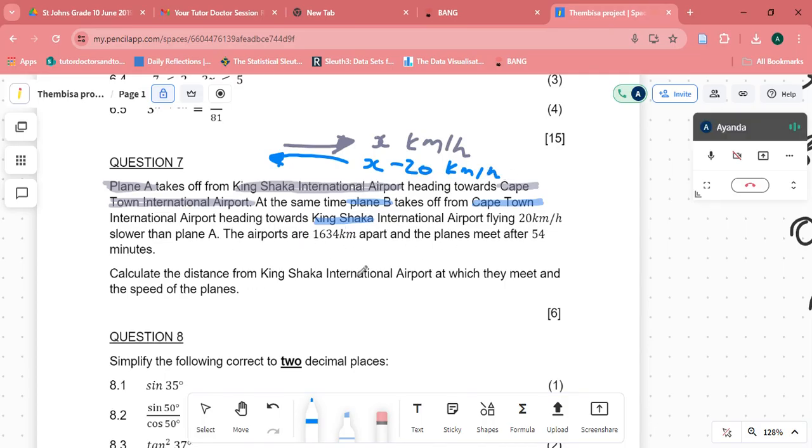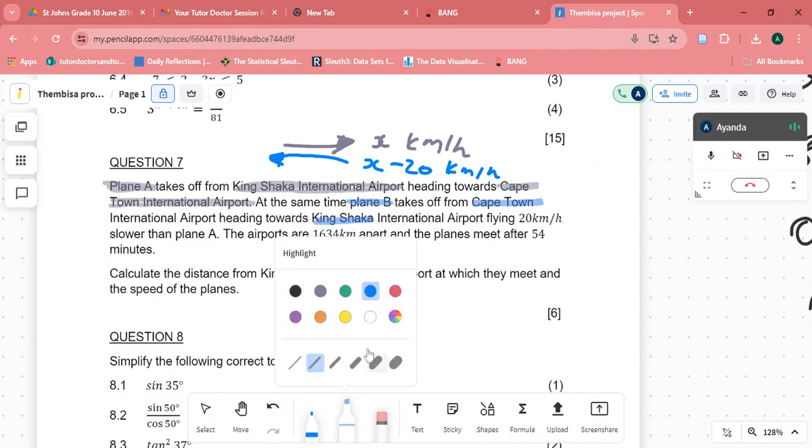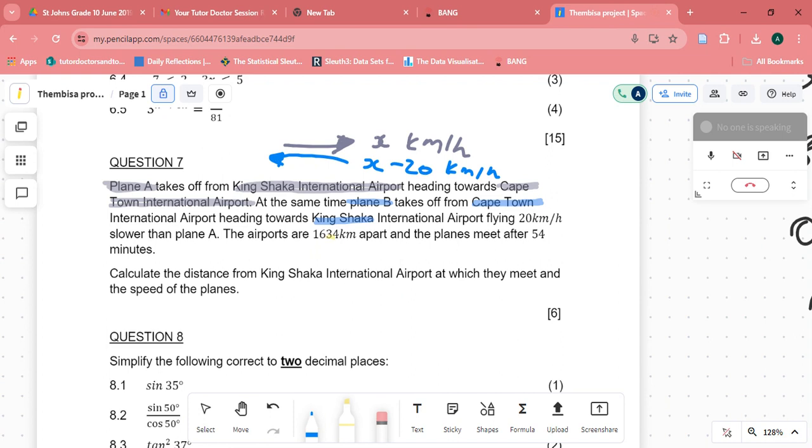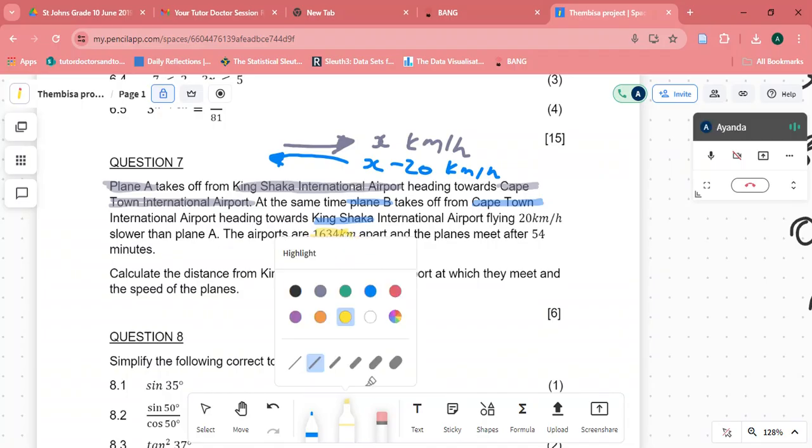The airports are 1,634 kilometers apart. So we have a distance here. And the planes meet after 54 minutes. So that means that they pass the same point after 54 minutes.